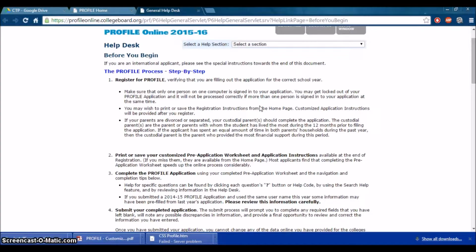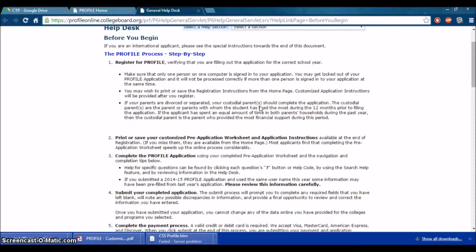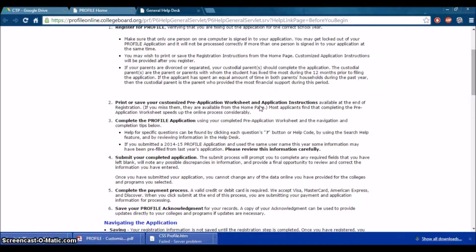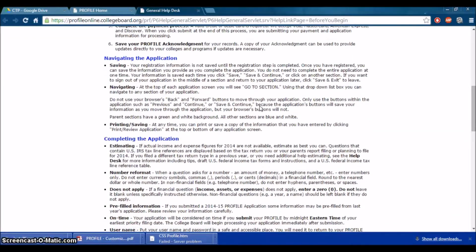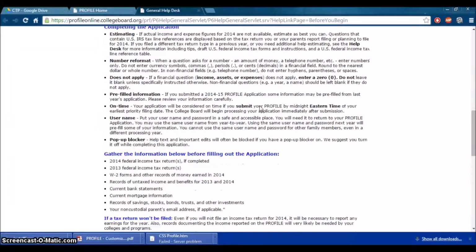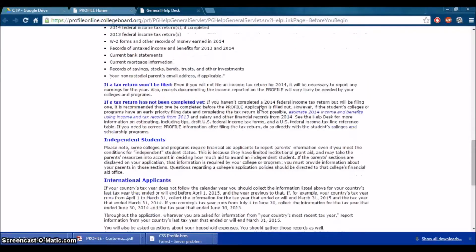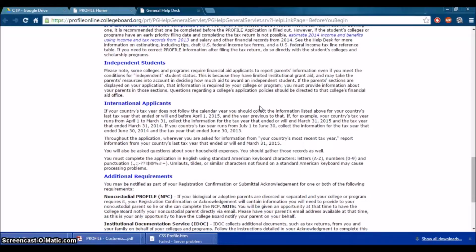So make sure that you read through this, make sure that you understand all of the parts before you go into filling out the CSS profile. It has very detailed descriptions of the sections, so you'll be able to understand what you're filling out before you actually do it. It also has a specific section for international applicants, and because that refers to you, I really suggest that you read through this part very carefully.